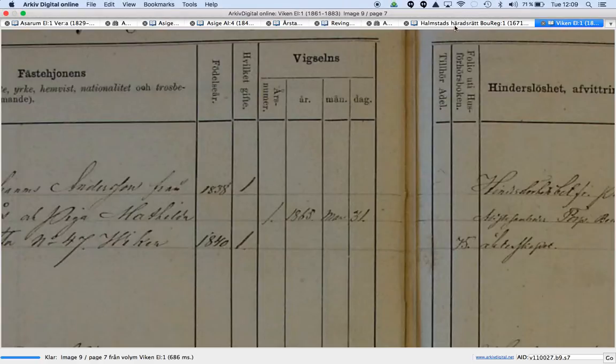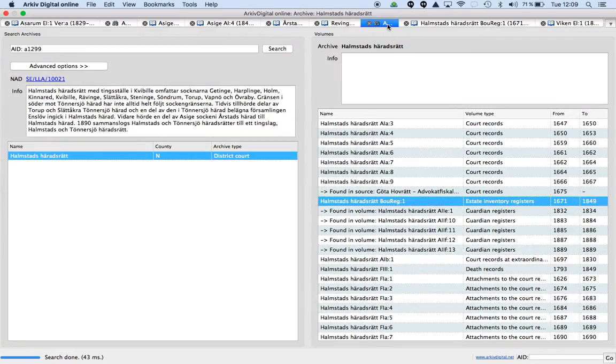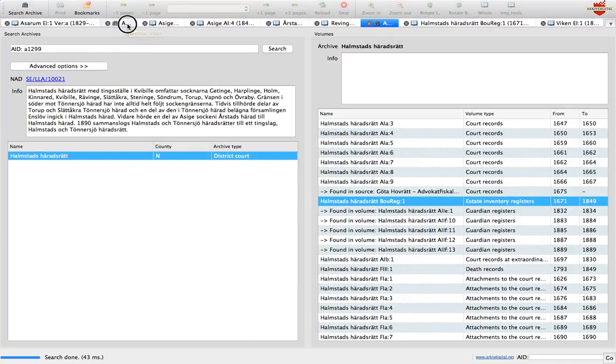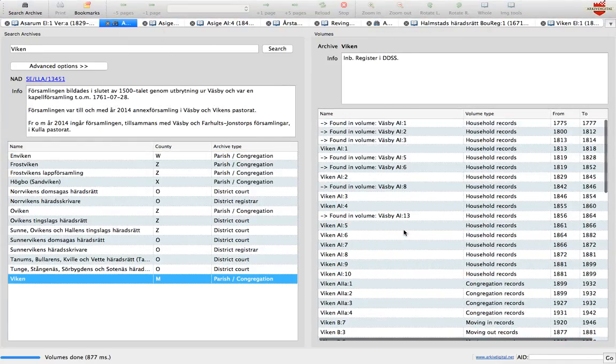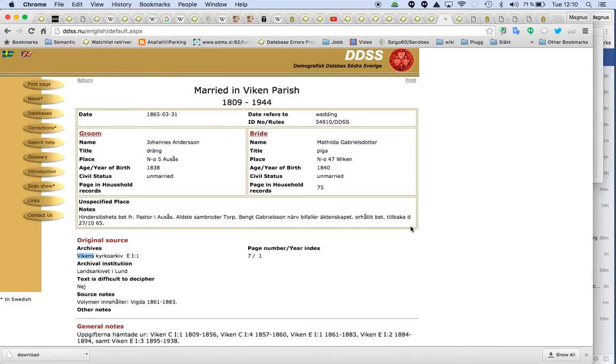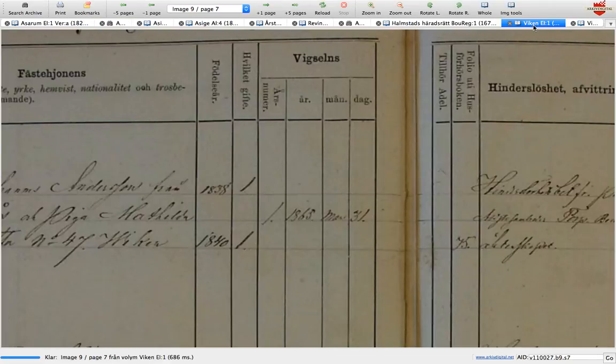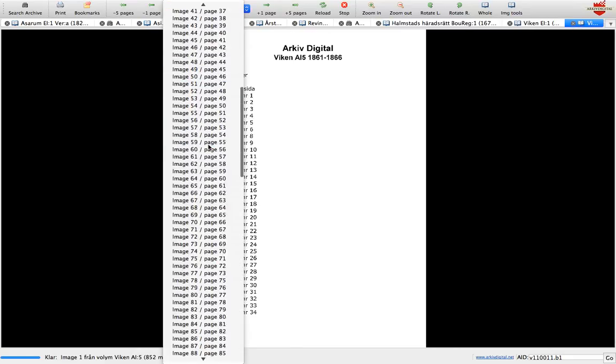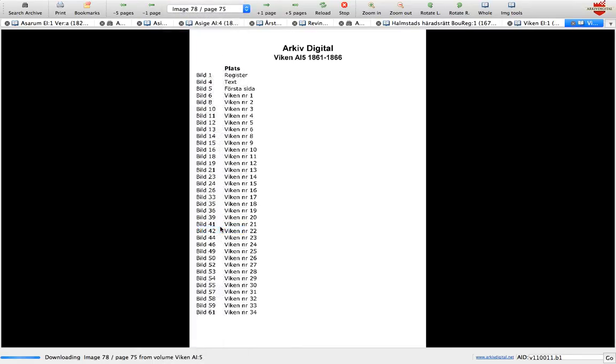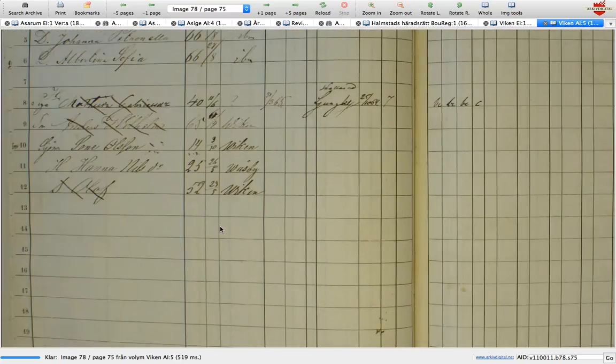So then you go back to this one and you take that one and you have a number 75, and then we say 75, and it's normally the physical page.